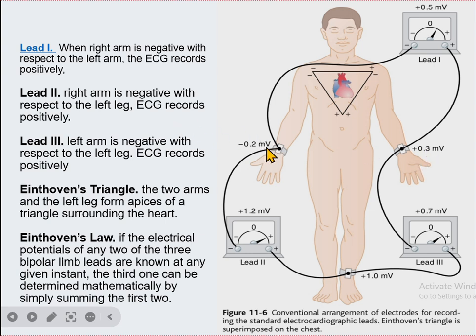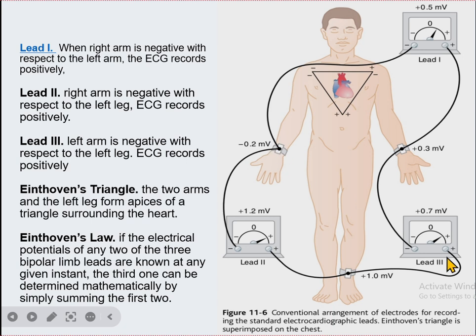The voltage at the right hand is negative 0.2. So what are you noticing? The negative terminal of lead 1 is in an area which is more negative, and the positive terminal in an area which is more positive. So it will give you an upward deflection. It will give you a positive potential difference.